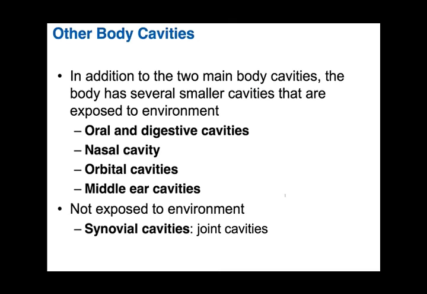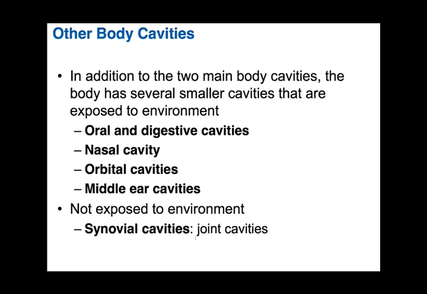Talking about some other cavities, in addition to those main two body cavities, some other cavities are also present in our body, but they are exposed to the external environment. The two major cavities which we talked about were not exposed to the external environment. They were lying beneath our body structures. But our body also has other cavities which are exposed to the external environment.